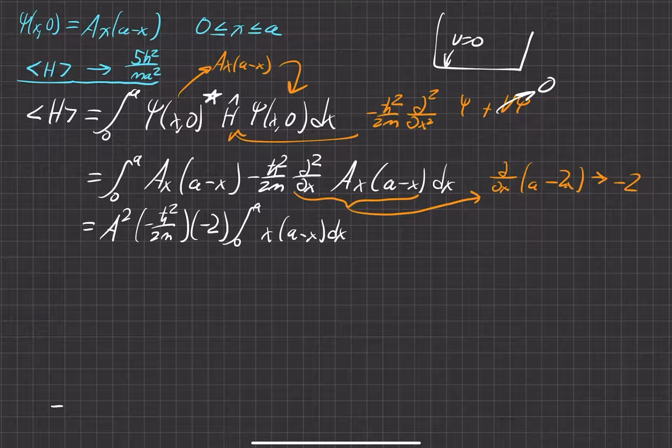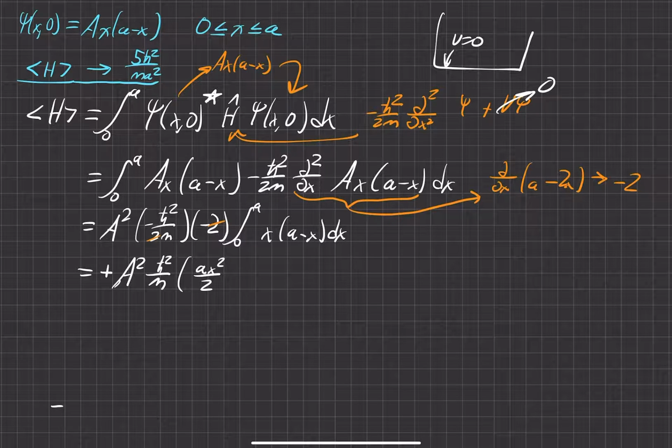That's a relatively easy integral. Let's cancel out the 2's, and the negative becomes a positive. We have a squared, h bar over m, and that integral is just x to the third, evaluated from a to 0.